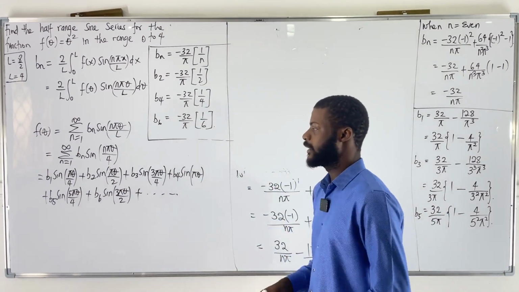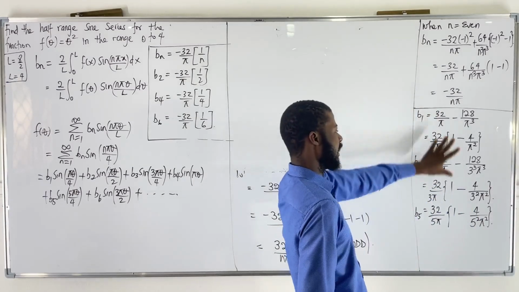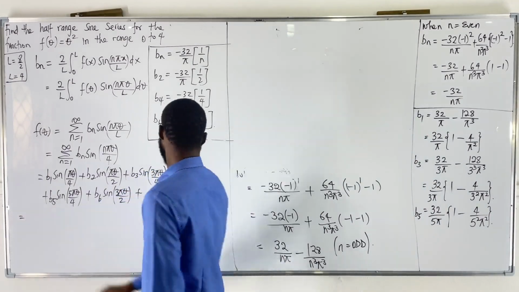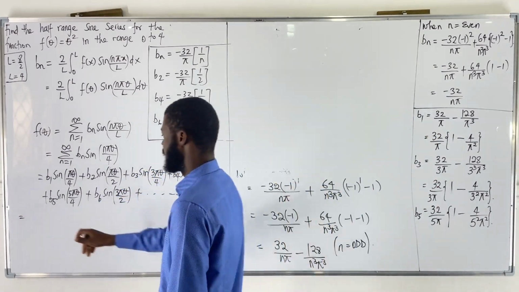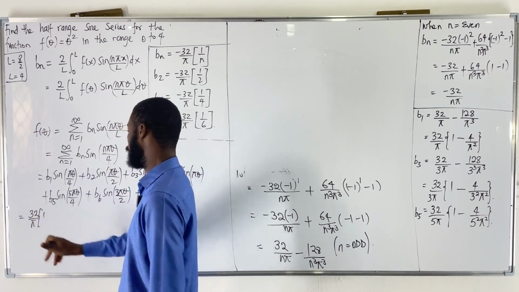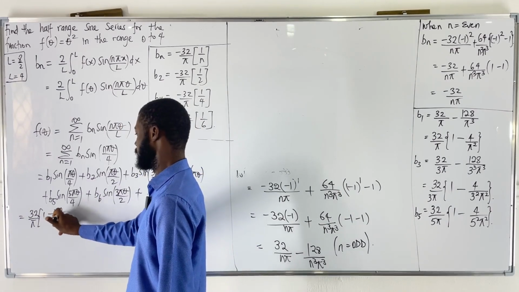Now, anywhere I see my b1, let me start putting the values. Even though I kind of know these are the values. So let's put in b1. So b1 is this. So that's 32 over pi into 1 minus 4 over pi squared. That's b1.